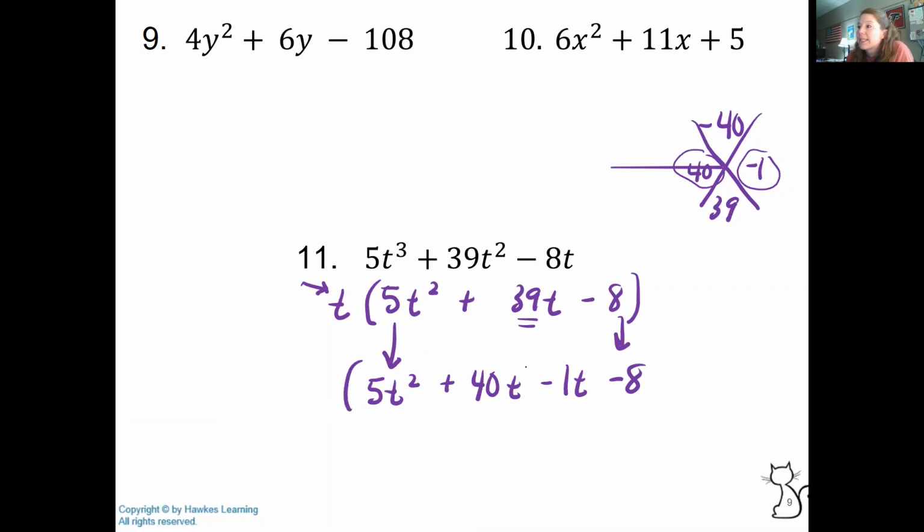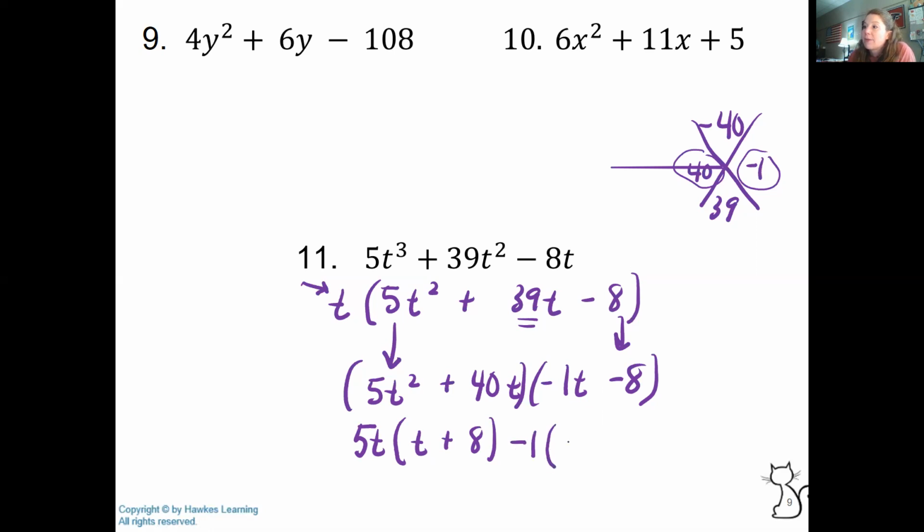And now we're going to see, okay, well, let's group them. So I could divide 5 and 40 both by 5, and I can pull out a t. So 5t squared divided by 5t is t. 40t divided by 5t is positive 8. And look how close this is to this, which means what do I need to divide these by? They're both negative, so I need to divide them both by -1.